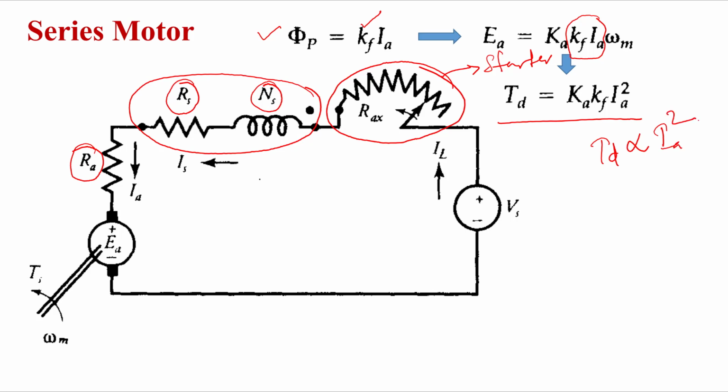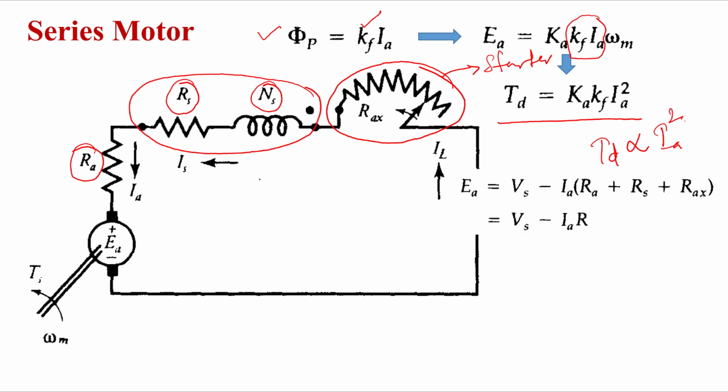So this is the best quality of the series motor. It will produce a very high starting torque, because at starting the current is very high as compared to no load or full load operation, right? So when we need a high starting torque, most of the time in the case of traction motors, the series DC motor is preferred. We can generate a high starting torque because of this equation, Td is directly proportional to Ia square, right?